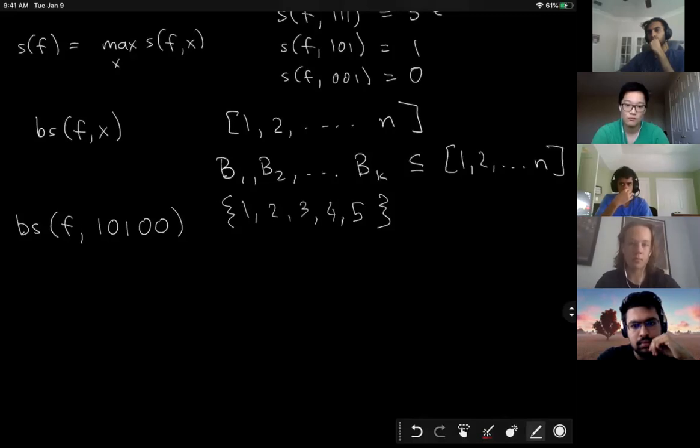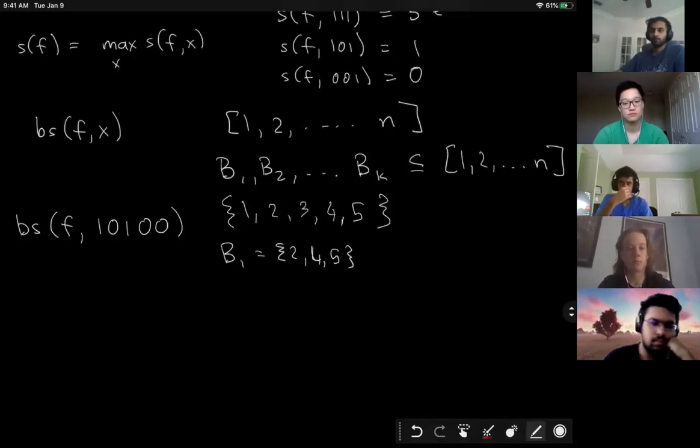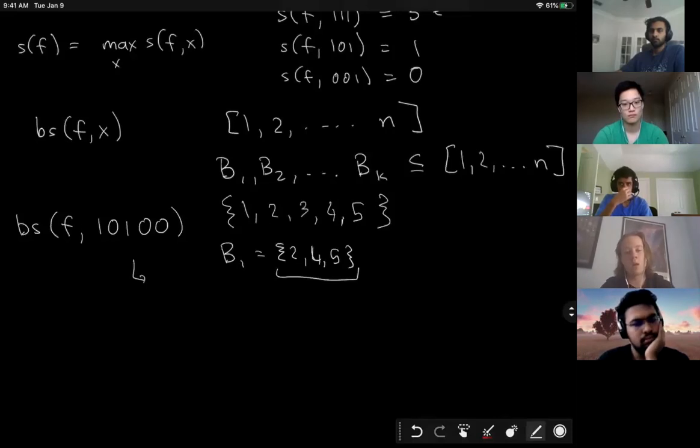So you're saying take one of the blocks to be 2, 4, 5, and that's it, no other blocks? To maximize block count, you'd take 1 as a block and 3 as a block? No, because flipping those wouldn't change the output. Okay, so they don't count. This is one choice of the blocks you could pick. If you flip everything in here, then your input becomes 1, 1, 1, 1, 1, which does in fact change the output of the function.